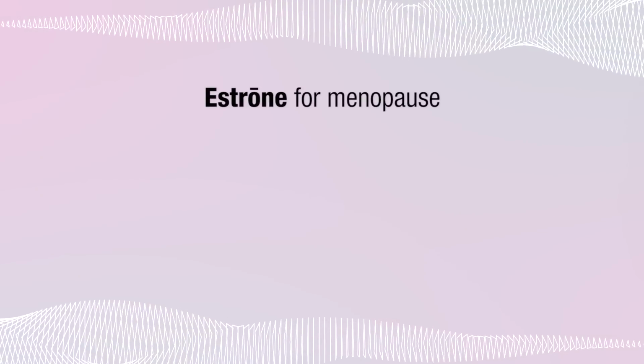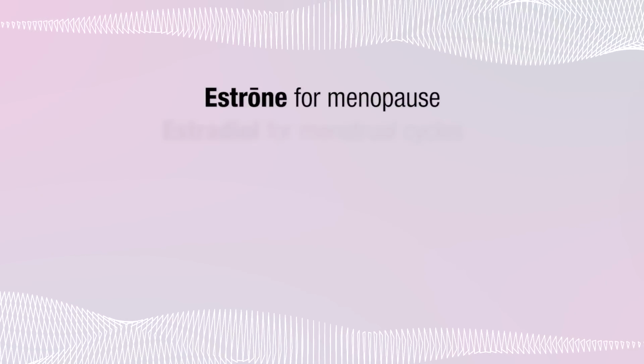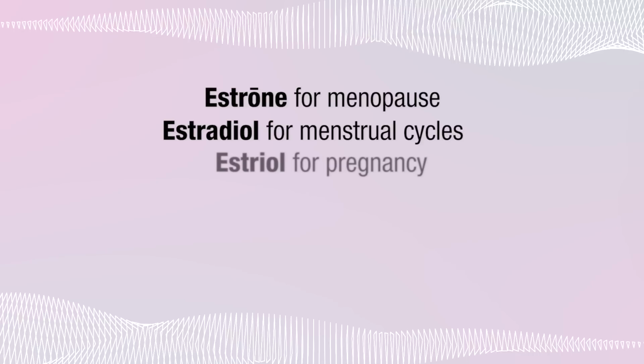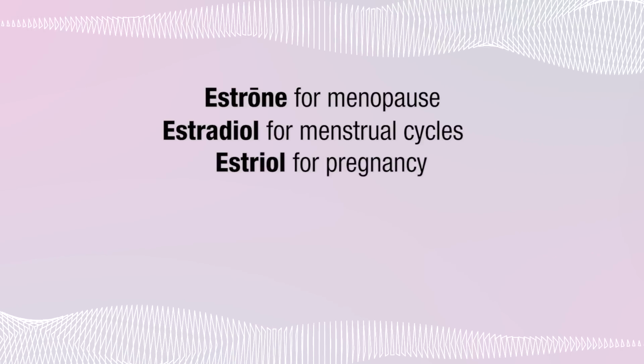So just remember 3 for pregnancy. So what you have so far is estrone for menopause, estradiol for when you're having your menstrual cycles, and estriol for pregnancy. See, always simplify things. Own, di, tri is all you have to remember. It's as simple as 1, 2, 3.